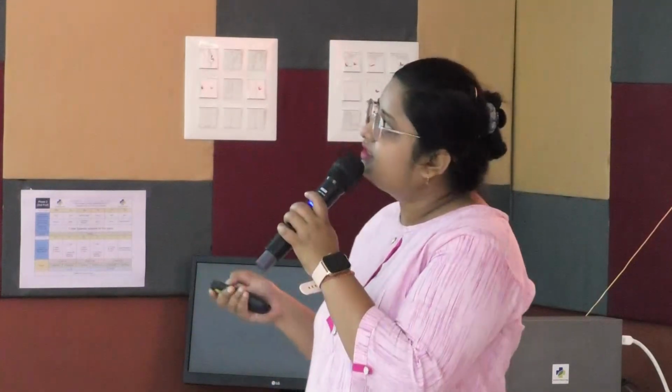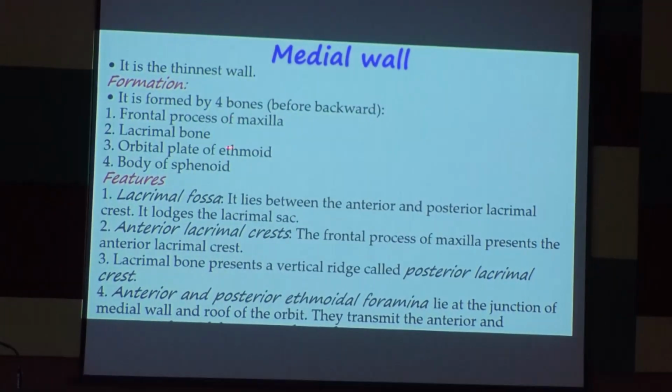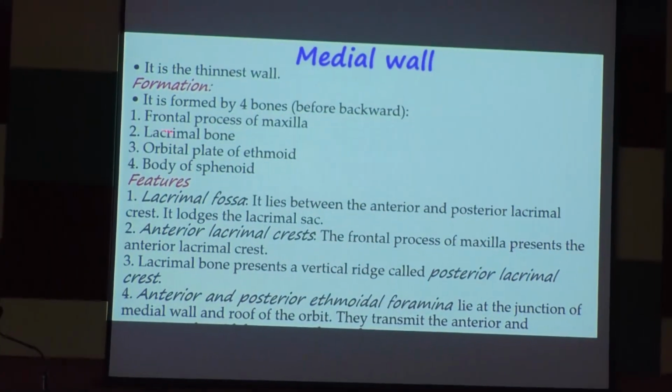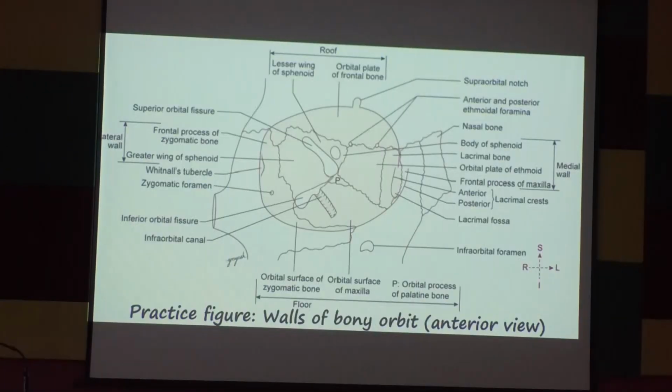How is it formed? It is formed by these bones: frontal bone, anterior lacrimal crest of maxilla, body of the maxilla, and zygomatic bone. So the different parts are formed by different bones. Now the medial wall, the thinnest wall. See here, this is a schematic presentation.